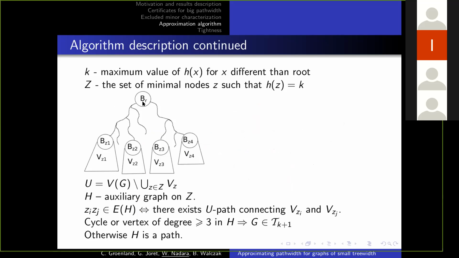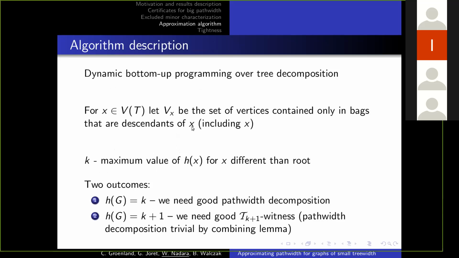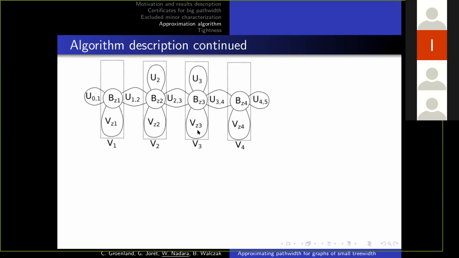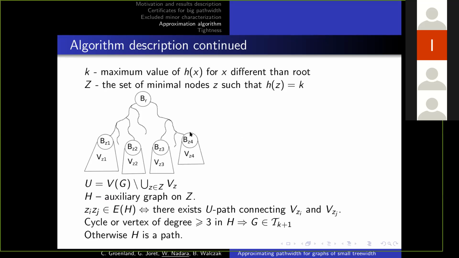doing dynamic programming, and we already computed everything for our descendants. We identify the biggest descendants. We create an auxiliary graph on them.